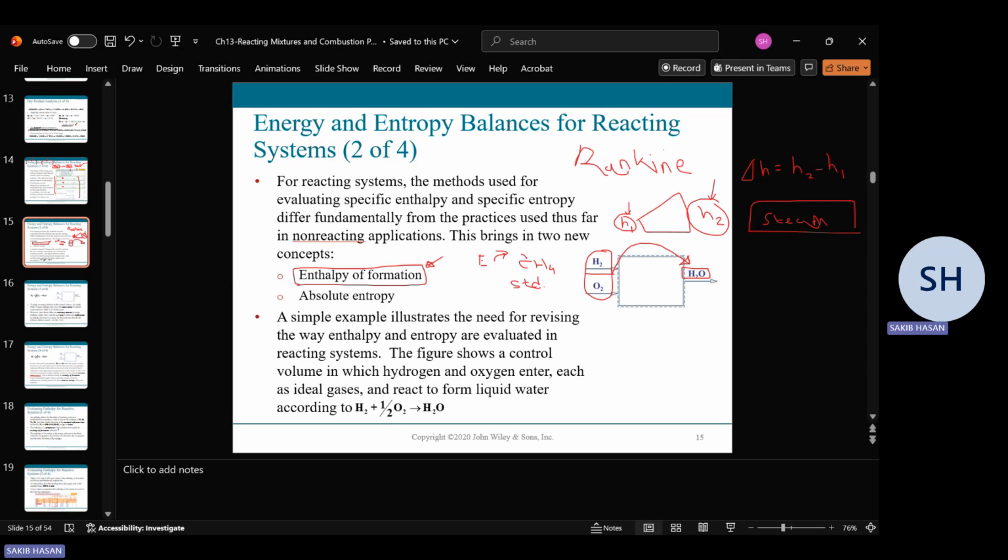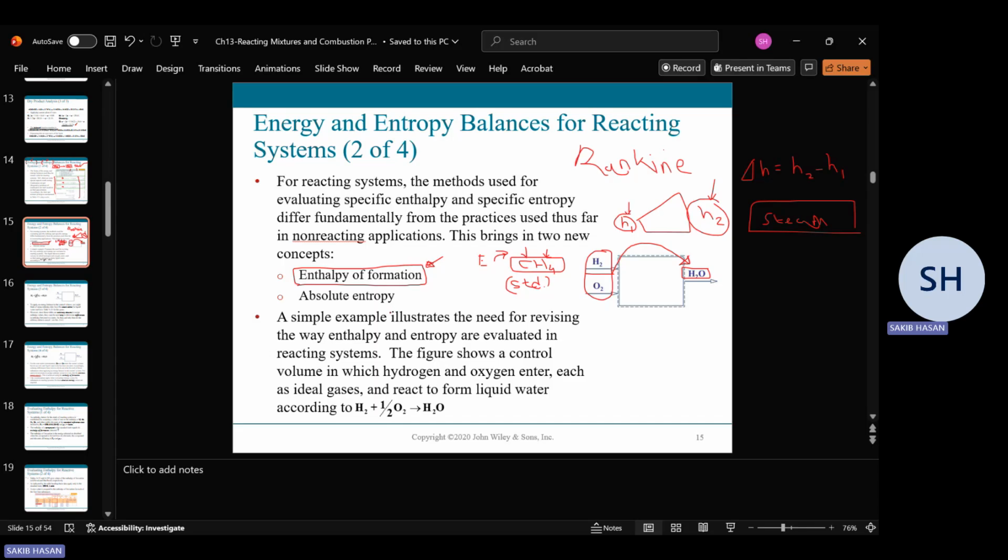So let's say you have a bunch of carbon and then you have a bunch of hydrogen gas, and they're all under standard conditions. If you react them together, the energy change that will be produced in the making of this methane is my enthalpy of formation.